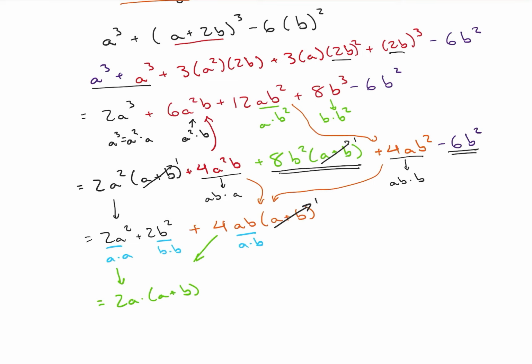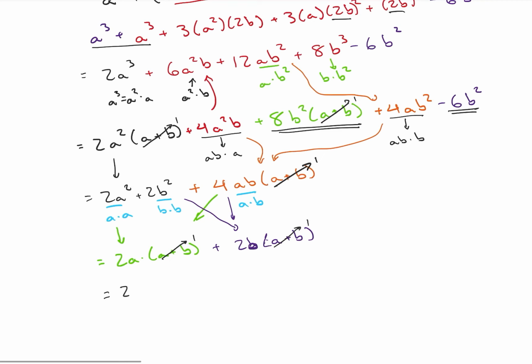But I'm also going to take this guy and have 2b times a plus b, and that's getting rid of the other 2 from over here. And once again, I get a little nice cancellation here. And this leaves me with 2 times a plus b, which is equal to 2. Okay? And that is going to be our final answer.